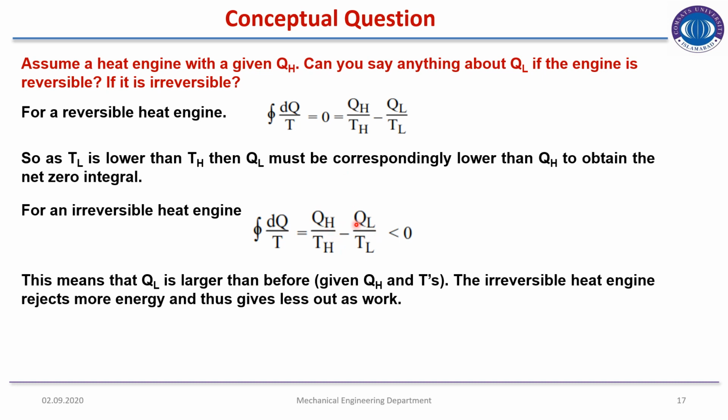But in the irreversible process, because the net effect is less than 0, the value of QL must be greater in comparison with the first one. So QL is larger than before, given QH and the T's. The irreversible heat engine rejects more energy and thus gives less work out. So an irreversible heat engine will give less work and consume more energy.